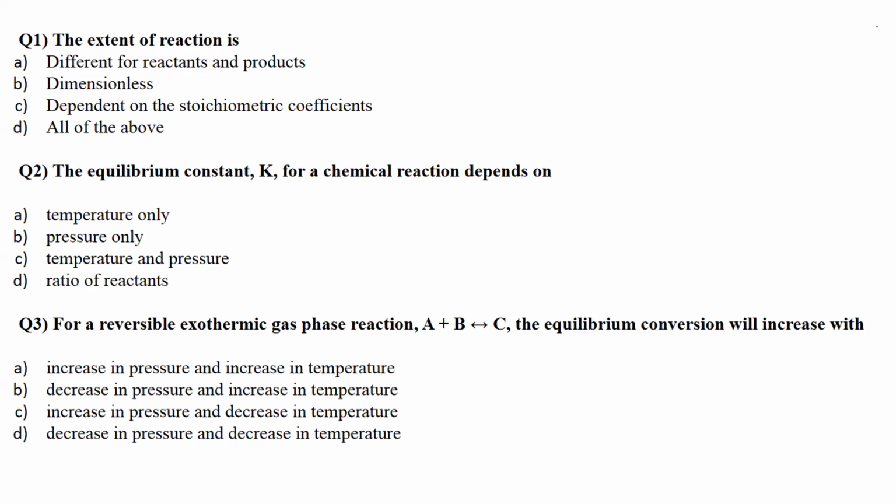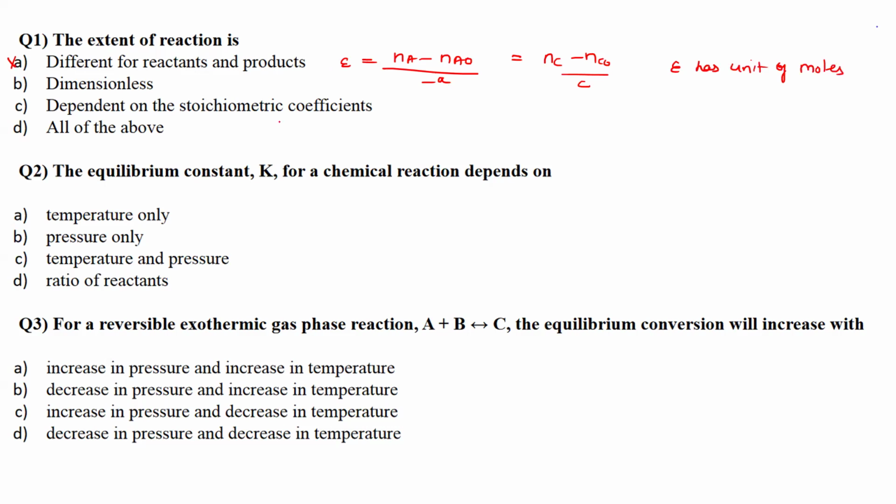No, because I discussed earlier, epsilon equals Na minus Na naught by minus A, equals Nc minus Nc naught by C. So it is not different for reactants and products. It's the same. And dimensionless I have written, but I have told already that epsilon has unit of moles. That's why it is not dimensionless.